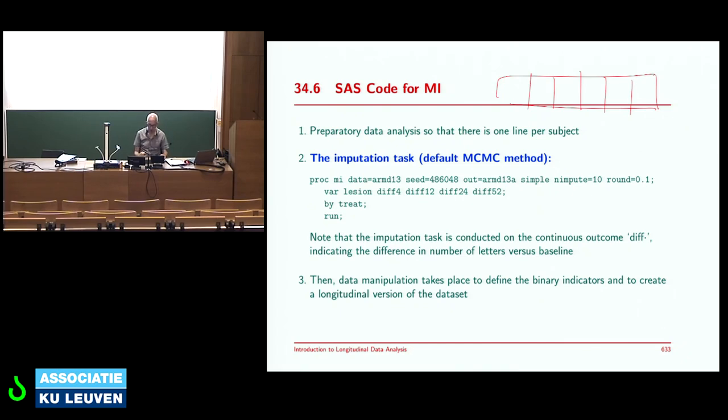It's not a typical longitudinal setting where all measurements would be on top of each other with one line per measurement. No, this is one line per subject. So essentially, the preparation before and after is making the data set from vertical horizontal, and then when that's done, you make it vertical again. If you apply this method to, let's say, multivariate incomplete data, these steps are not necessary. You can just work with the input data set.